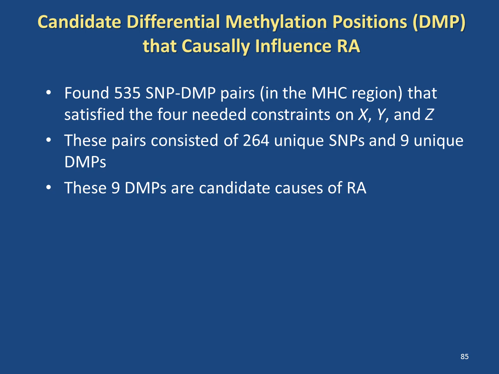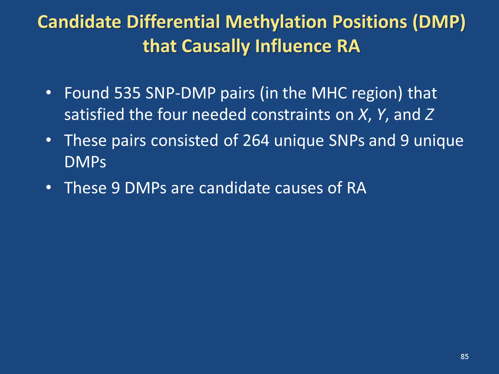Going into a little more detail, what they found was that 535 SNP-DMP pairs satisfied the 4 needed constraints among X, Y, and Z, and that these pairs consisted of 264 unique SNPs and 9 unique DMPs, the differential methylation positions.